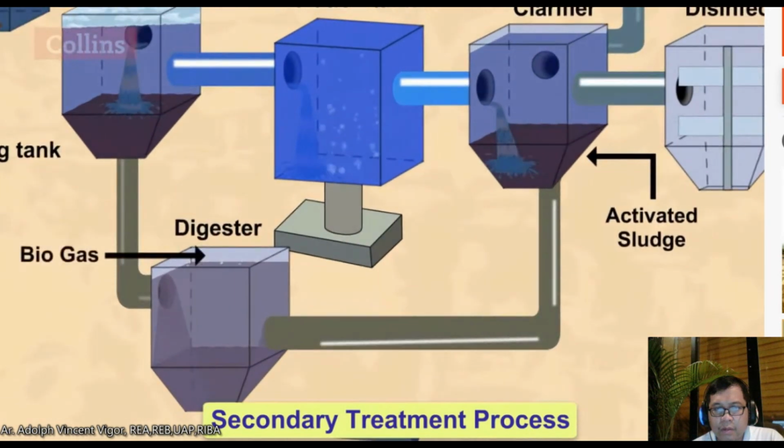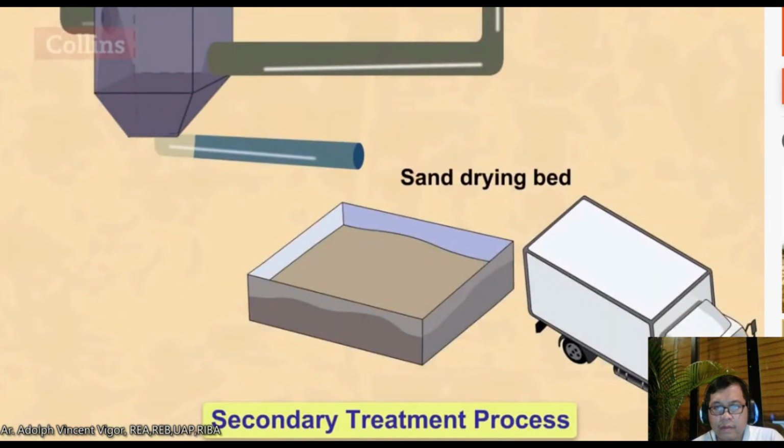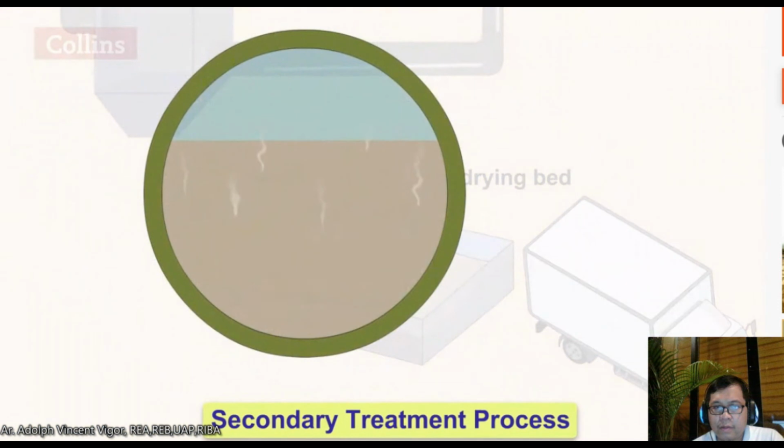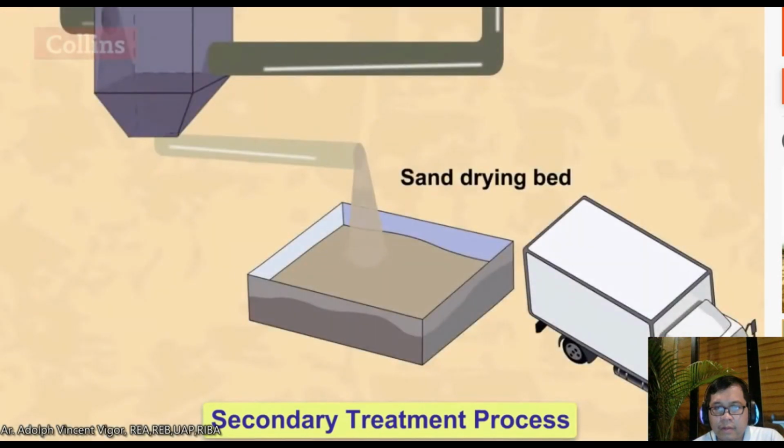Biogas is produced in this process, which can be used as fuel or to produce electricity. The activated sludge is then left in the sand drying beds. Some quantity of water in the activated sludge evaporates and the remaining quantity drains through the sand beds. This leaves behind the remaining dried sludge, which can be used for making fertilizers or compost.